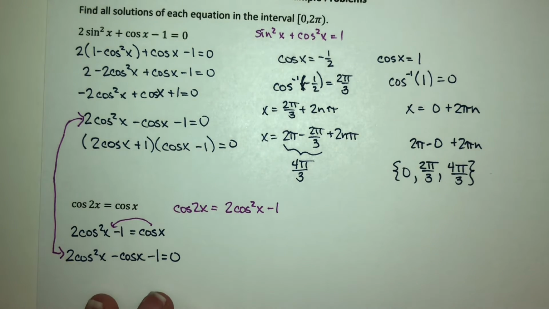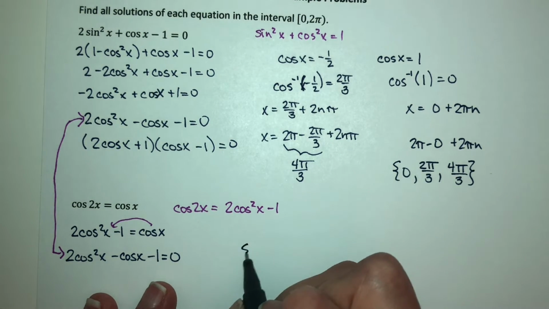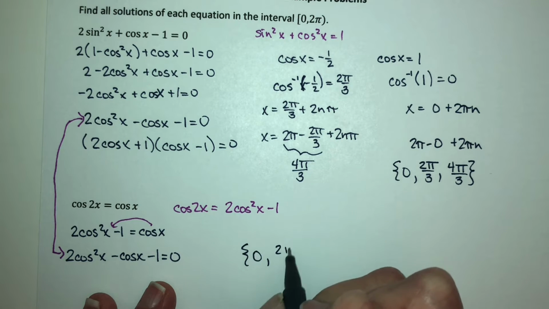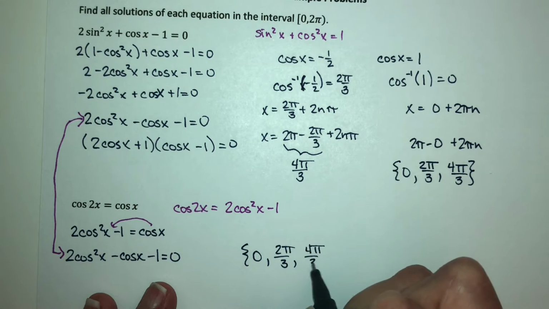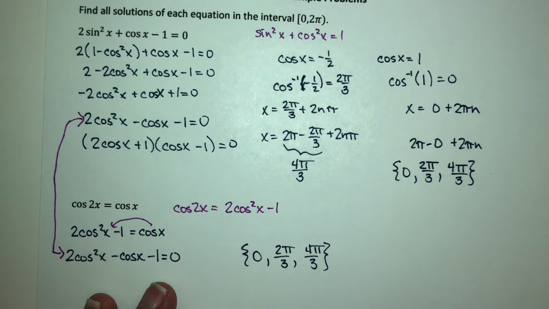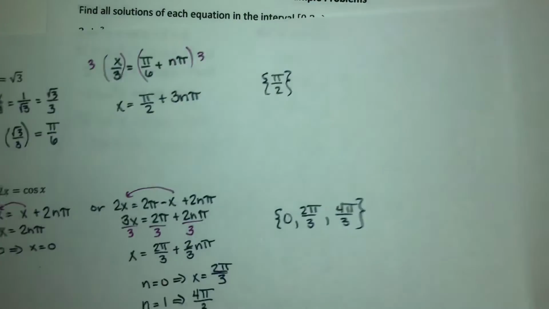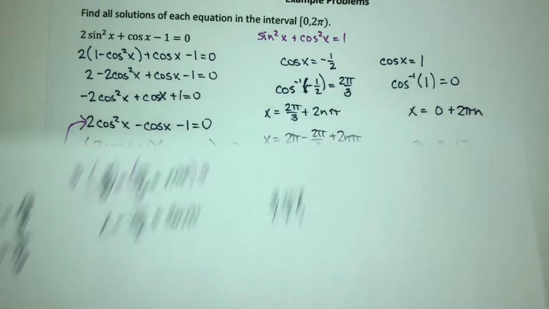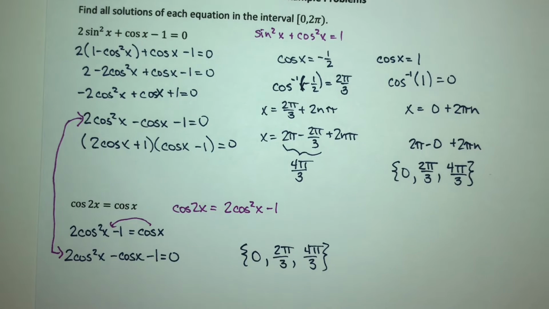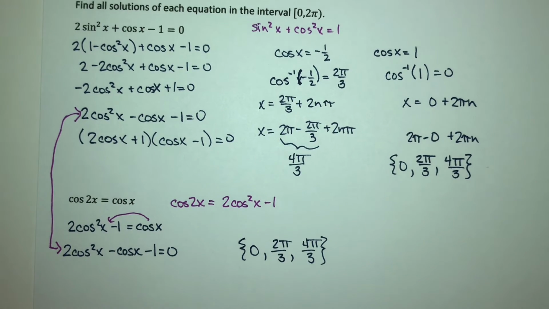We just solved that exact equation. So we are going to have exactly the same solutions, which are exactly the same solutions we had when we worked it using the other method. So all of these equations were equivalent. They all have exactly the same solutions.